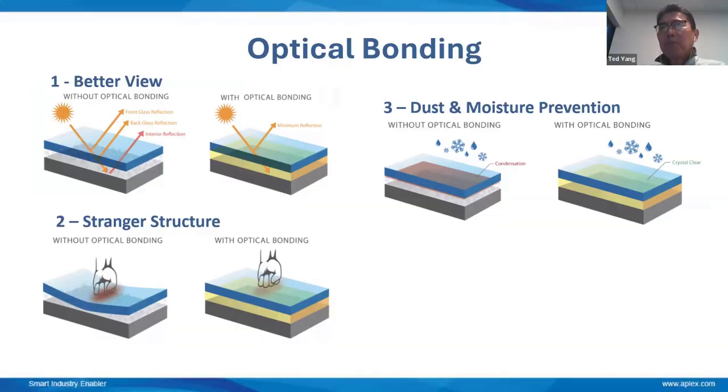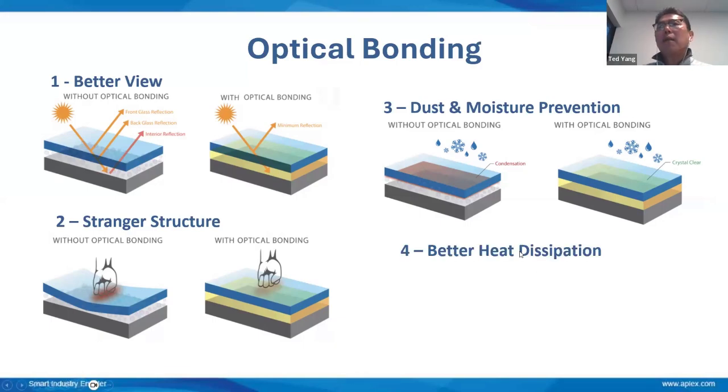Without the optical bonding, oftentimes you will see a layer of fog in between the LCD and the touch glass, somewhere you are not able to reach. With the optical bonding, the fog has no place to stay except outside. Outside is easy. We can always clean that with a towel.